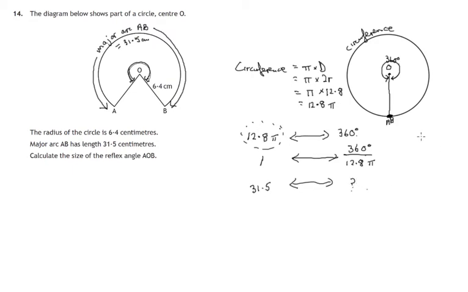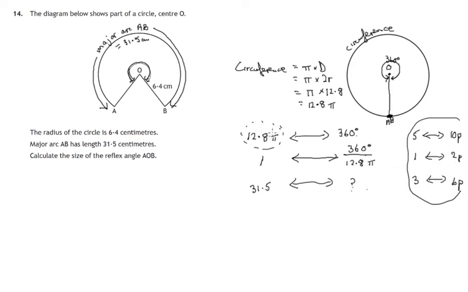It's like saying we've got 5 bananas costing 10 pence, so 1 banana will divide by 5, we'll get 2 pence, and therefore 3 bananas will multiply by 3, so we'll get 6 pence. It's a proportion type thing.